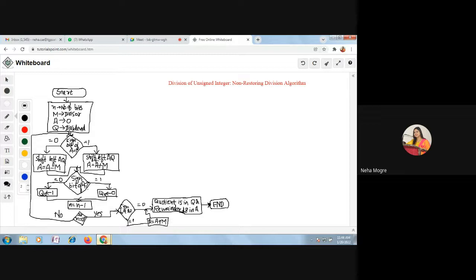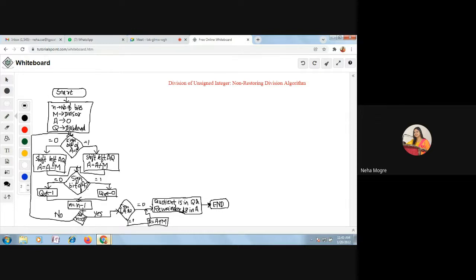So after performing this shift left, again we check the sign bit of A, that is the MSB of A. If it is 0, we replace the value of Q0 with 1. And if the sign bit of A is 1, we replace the value of Q0 with 0. After that, we decrement the value of N.